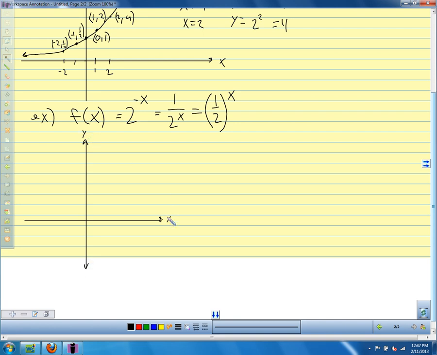so this is y and this is x. My decreasing exponential function is going to look like this. My intercept is still going to be (0, 1), my y-intercept. And then I could plug in some additional points, just like we did up here. And we would have, if x equals -2, y equals 1/2 to the -2.